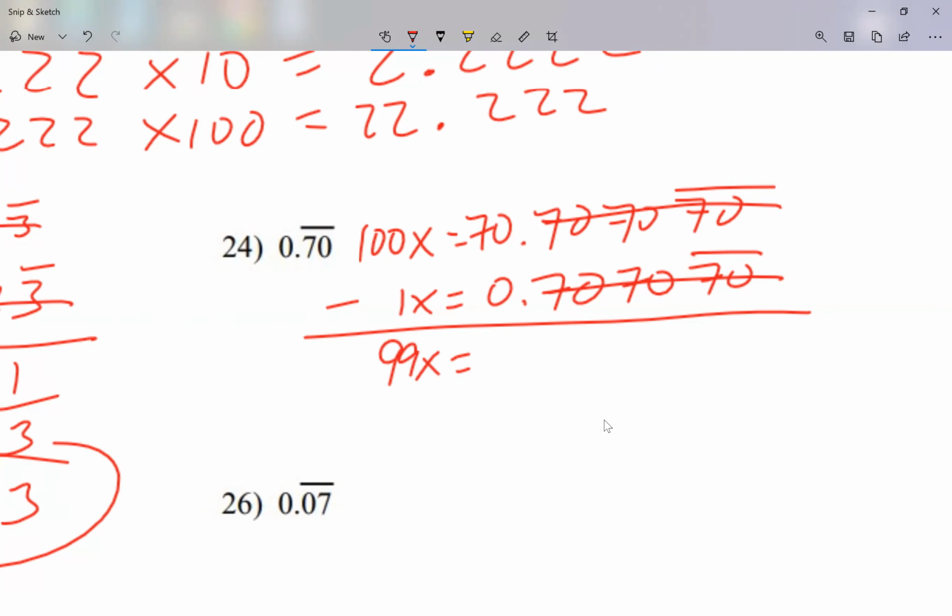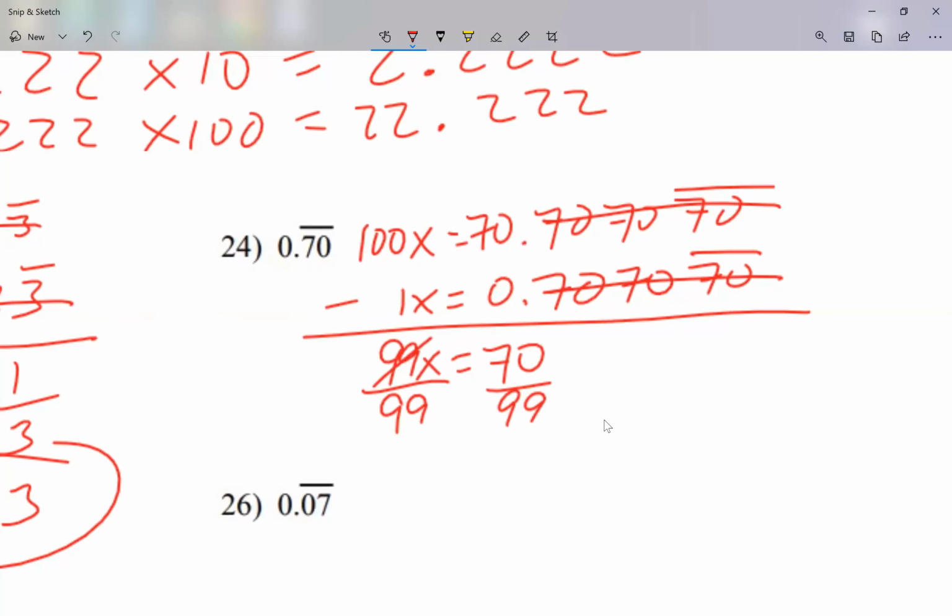So I just have 70 minus 0, which is 70. To have x by itself, let me divide both sides by the number in front of x. x is equal to 70 over 99. If you can simplify your fraction, by all means, do so. Is there a number that I can divide 70 and 99 by to make them smaller? In this case, no. So my answer is 70 over 99.